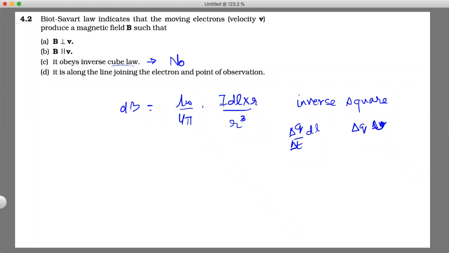So this expression becomes qv, which is perpendicular to r, and a cross product result is also perpendicular to the individual components. So this is definitely true. This definitely will give a zero result. This is false.